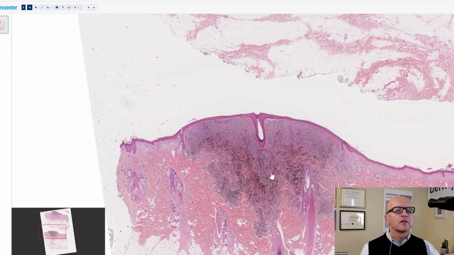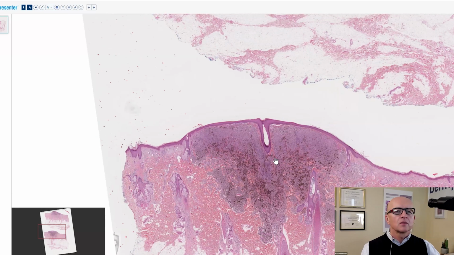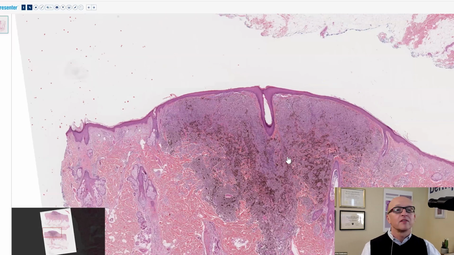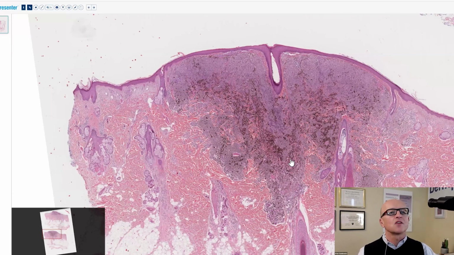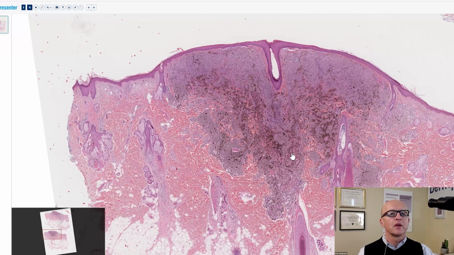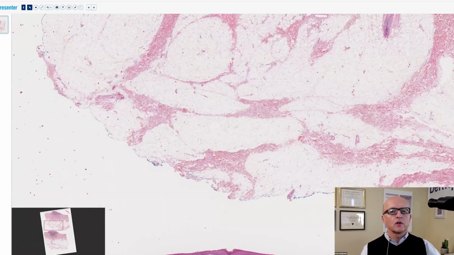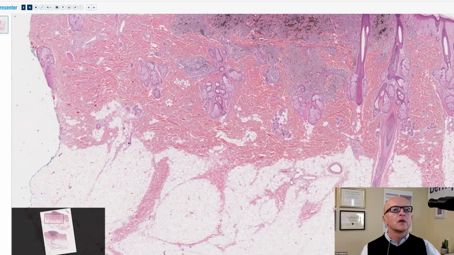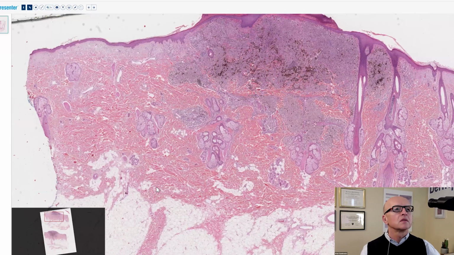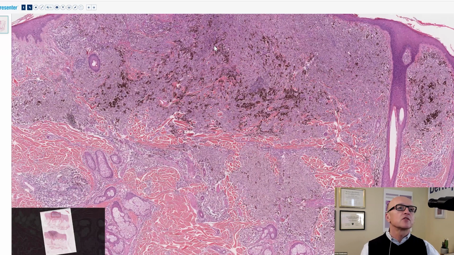We have a lesion that even at low magnification has architecture reminiscent of deep penetrating tumors in general, extending along adnexal structures into the deep reticular dermis. Maybe it's somewhat asymmetrical. Let's take a look at the other piece. There's a little bit of asymmetry, and there's inflammatory scale.